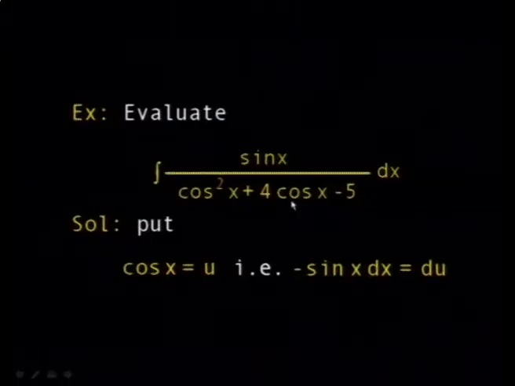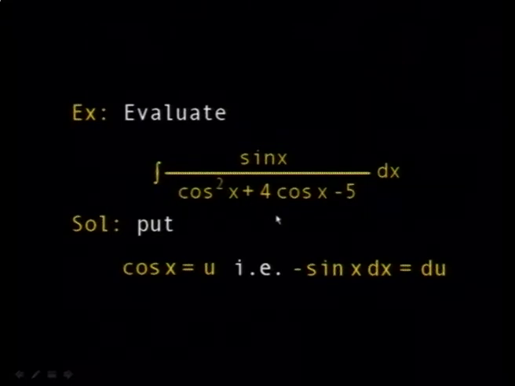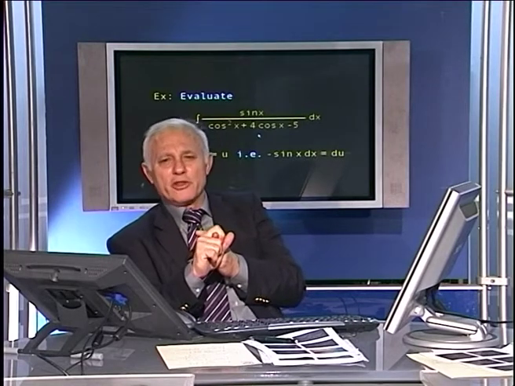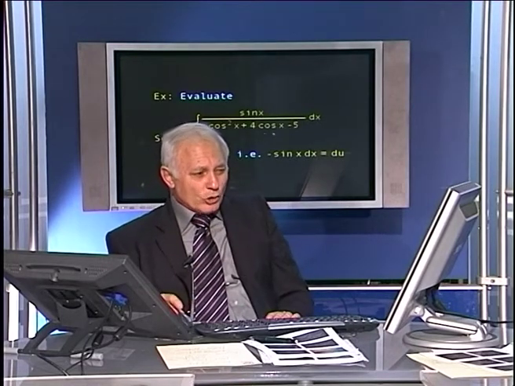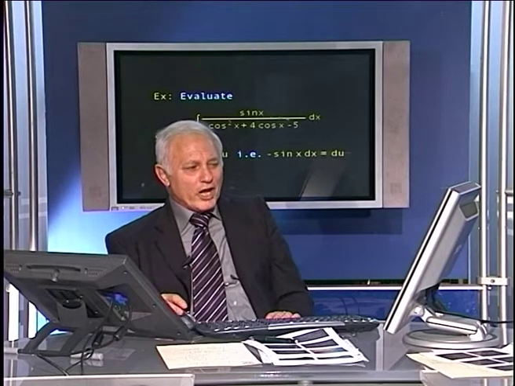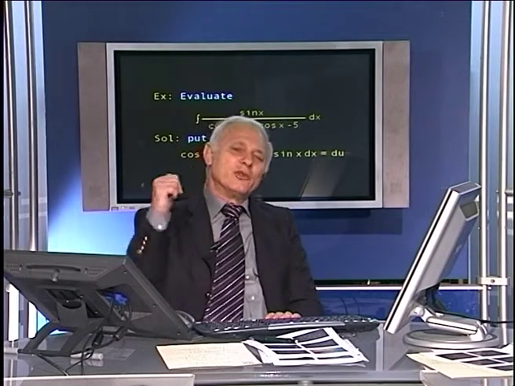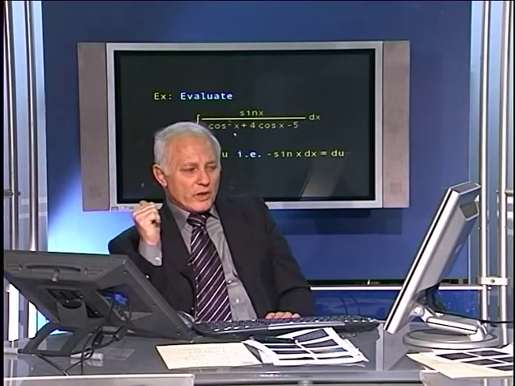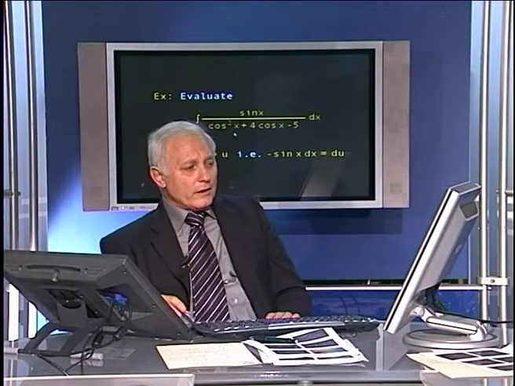For example, here you have sine x divided by cosine square x plus 4 cosine x minus 5. Here you use two types of methods of integration. The first one is the substitution method, because you directly notice that this is the first form that we dealt with in the lesson of integration by substitution. Why?